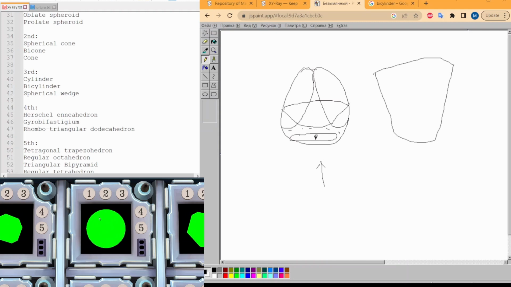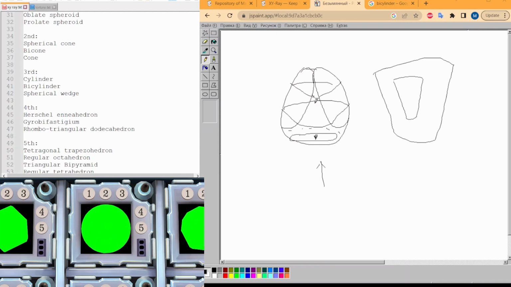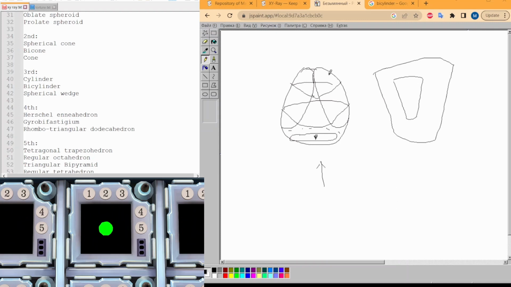And you can see, the more it goes to the top, the smaller the section became, until it fades out.